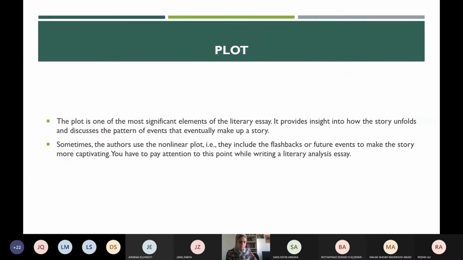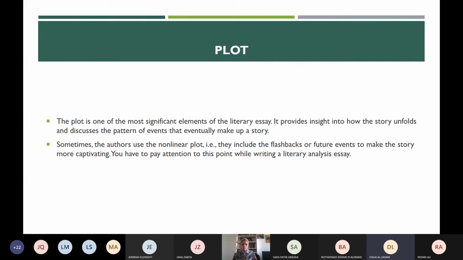The plot is one of the most significant elements of the literary essay. It provides insight into how the story unfolds and discusses the pattern of events that eventually make up a story. Sometimes the author uses a non-linear plot.